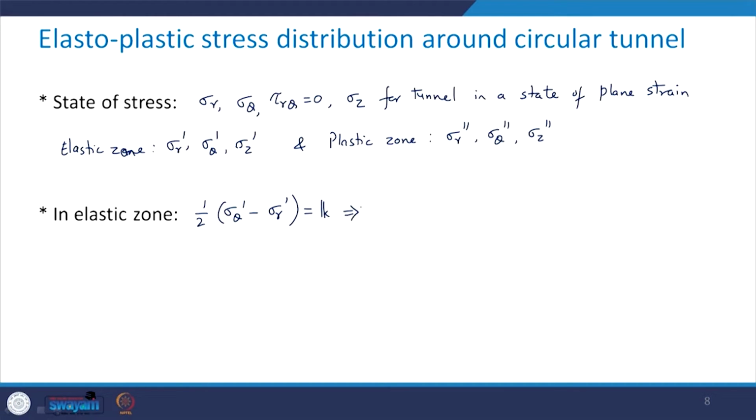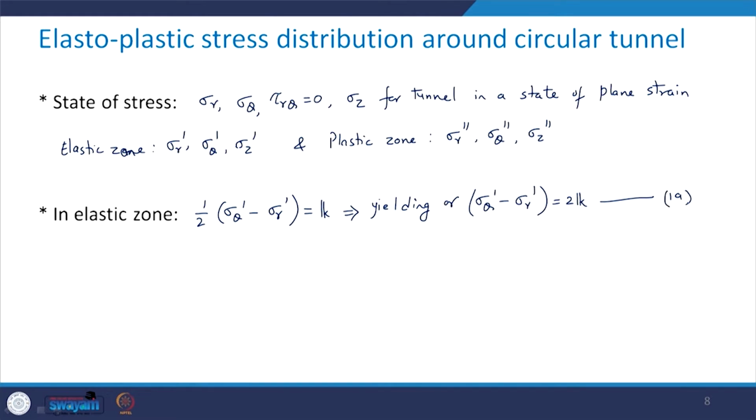And when this condition is satisfied, we would say that the yielding is taking place, and then we can write this equation in this form that sigma theta prime minus sigma r prime is equal to 2 kappa. This is equation number 1a.